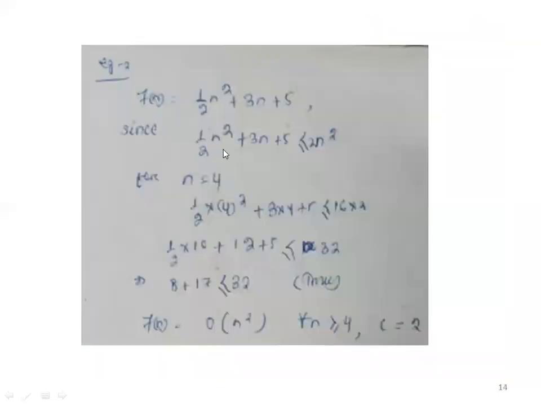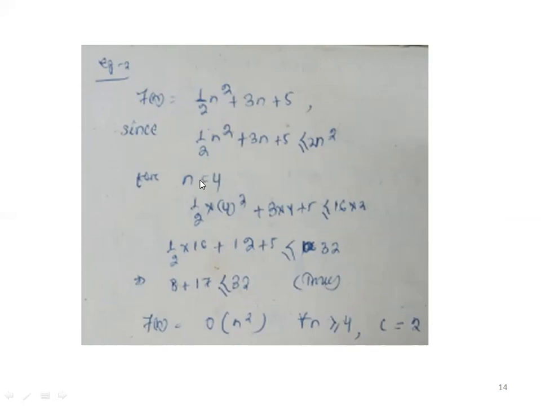Here is another example. Suppose the function f(n) is ½n² + 3n + 5, and we can write that ½n² + 3n + 5 is less than or equal to 2n². Now let us put the value of n as 1 in this inequality. It is not satisfied. Put n equal to 2, this is not satisfied. Put n equal to 3, this is not satisfied.